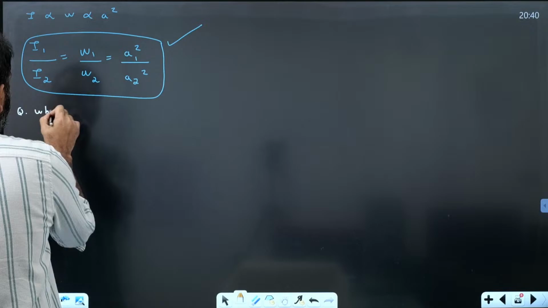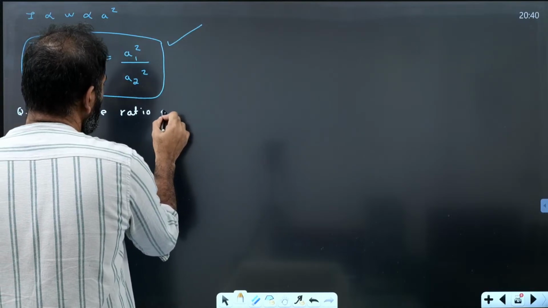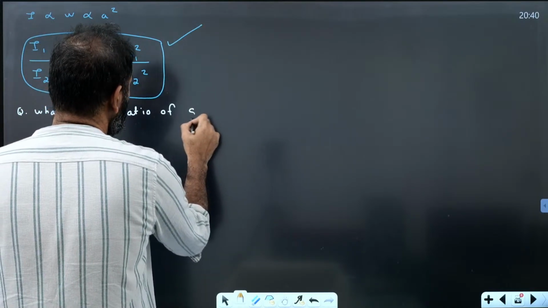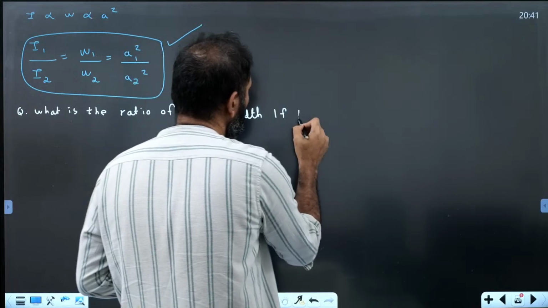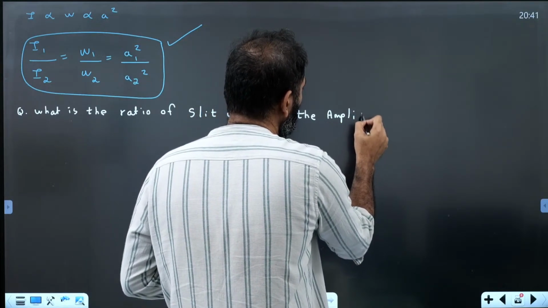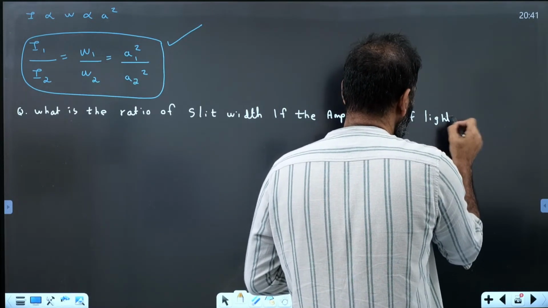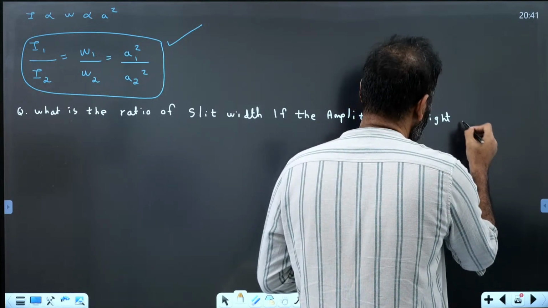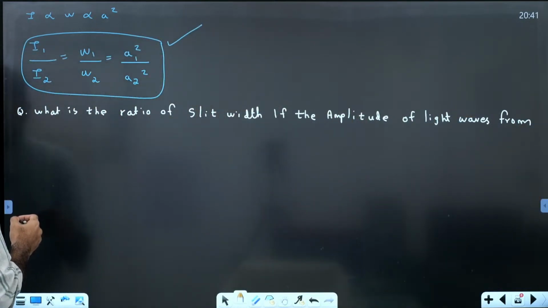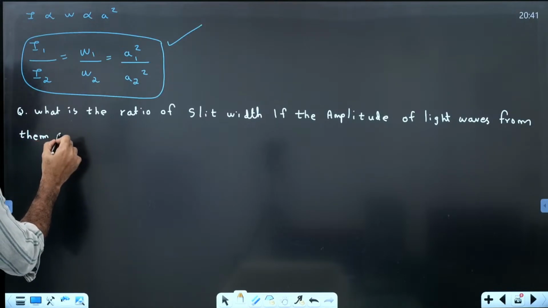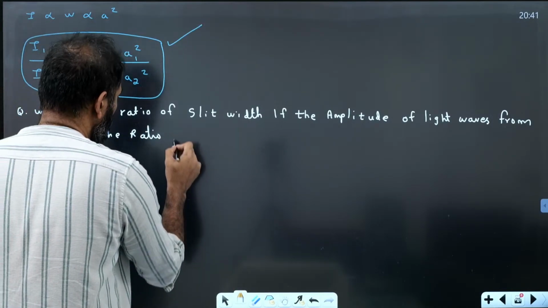Next question. What is the ratio of slit width if the amplitude of light waves from them are in the ratio √2:1?